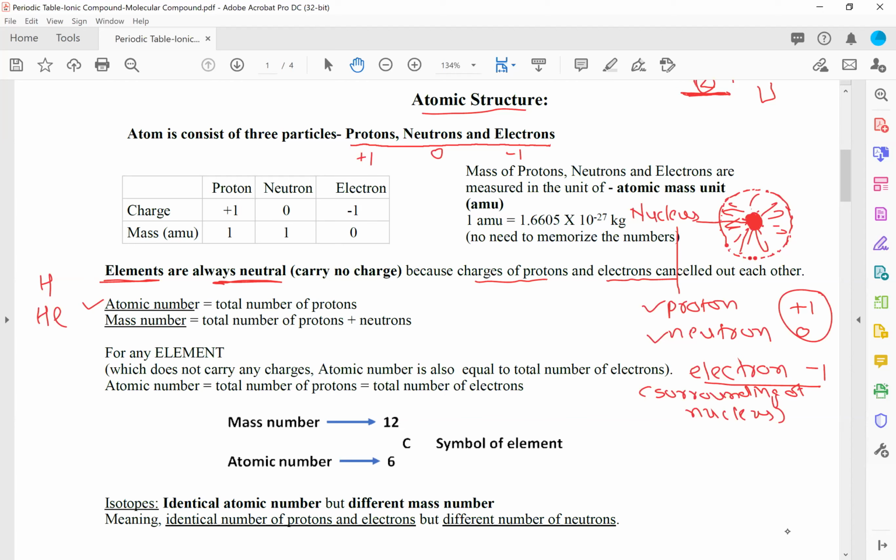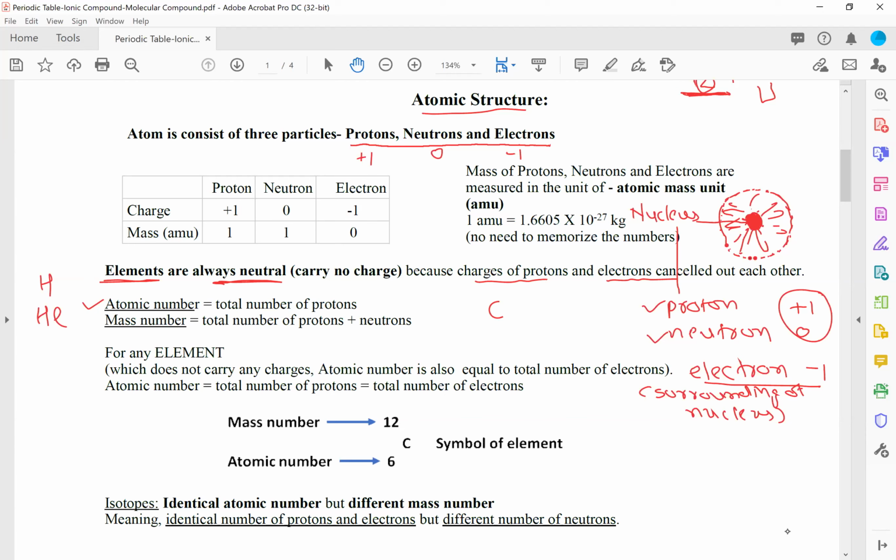Let's say I talk about carbon. The symbol is C. What is the atomic number for carbon? Can you look at the periodic table? 6. Everyone agree? It is the 6th box in the periodic table, so its atomic number is 6.